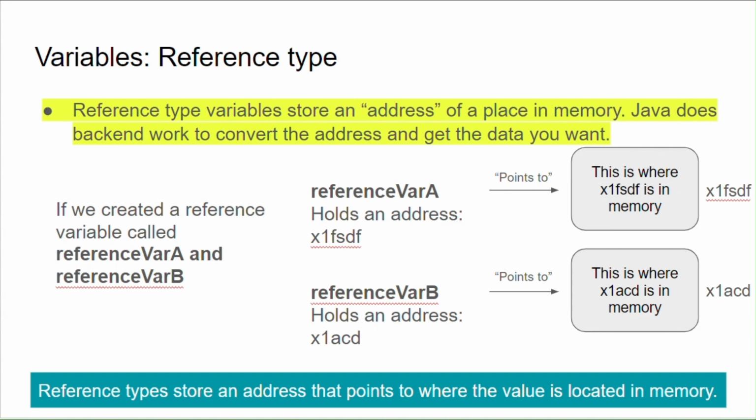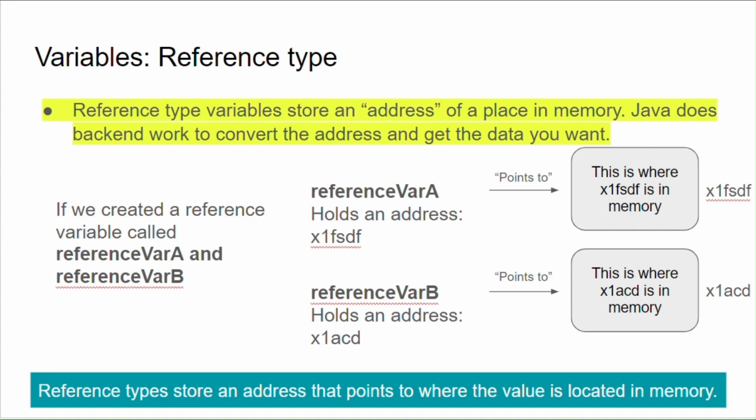So now let's say that we created a reference variable called reference var A and then reference var B. What's really happening behind the scenes is reference var A holds an address. In this example, Java gave it the address to hold, you see here x1fdf, whatever.